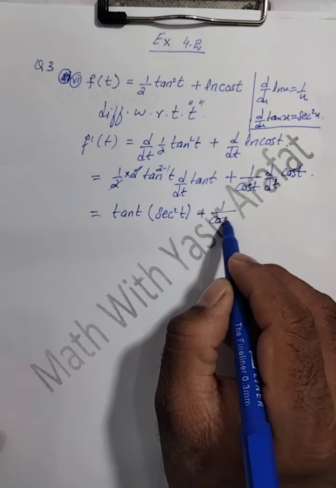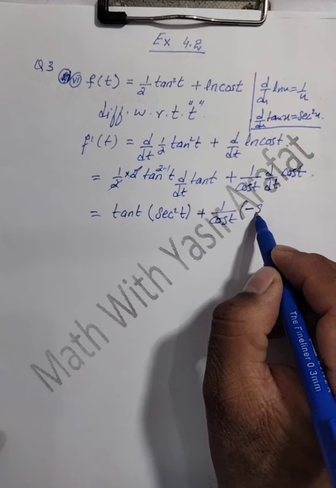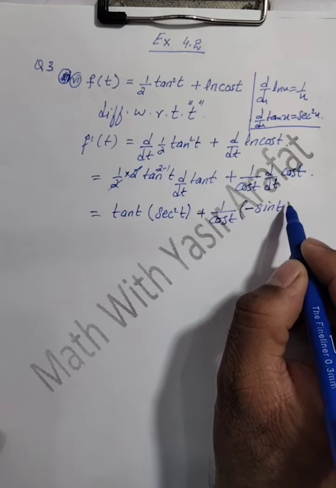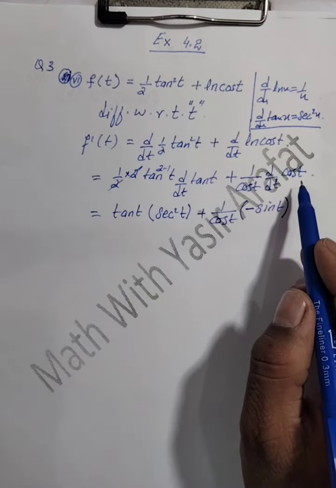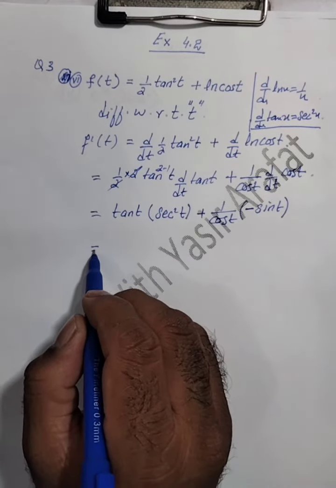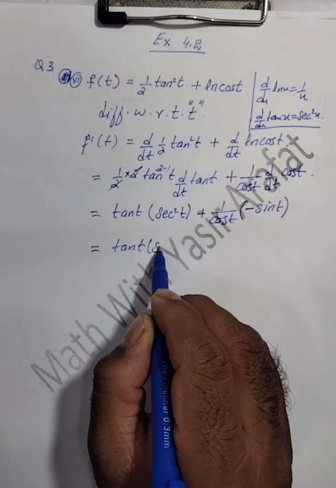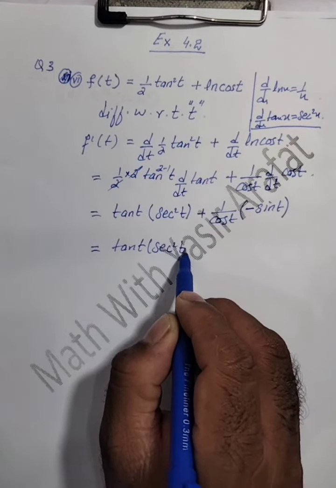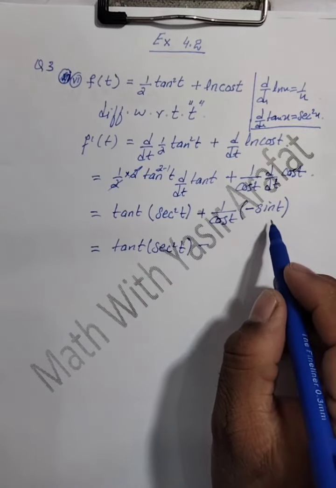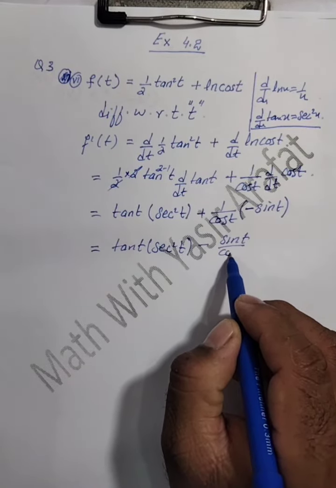And cos t remains the same, and the derivative of cos t is equal to minus sin t. We have the formula of the derivative of cos t, that is equal to minus sin t. So this is tangent t of sec square t plus minus minus sin t over cos t.